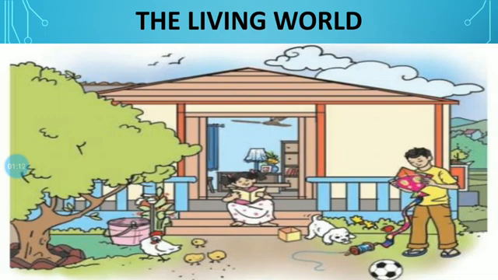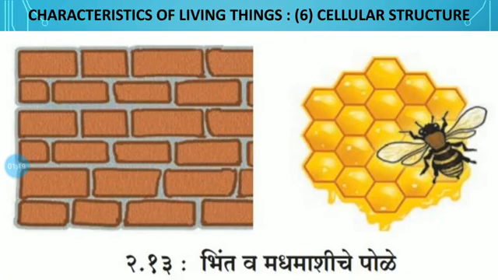Today we have to see the next characteristic of living things, that is cellular structure. This is the sixth characteristic of living things. So friends, we have to see the information about this topic.